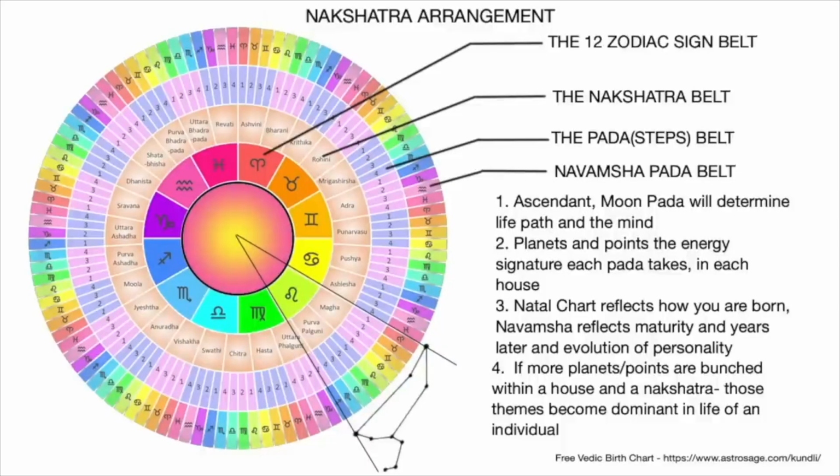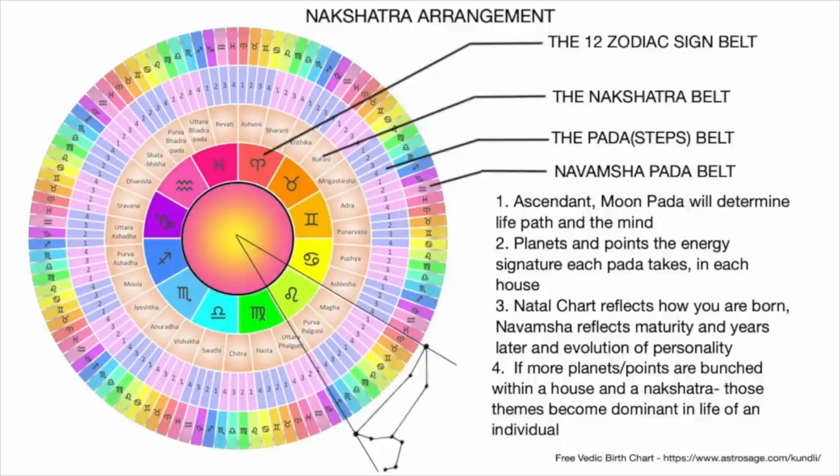The 4 steps or padas, meaning feet in Sanskrit, have associated elements: dharma, that is the fire element, artha, the earth element, kama, the air element, and moksha, the water element. These steps are the evolution of the soul path and therefore become our individual experience of our body, senses, mind, seeking, achieving, faults, trials and tribulations, and so forth.